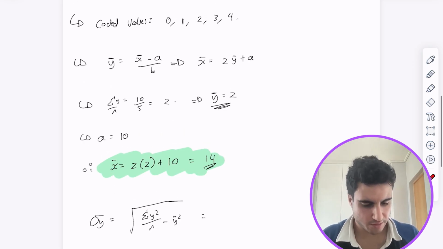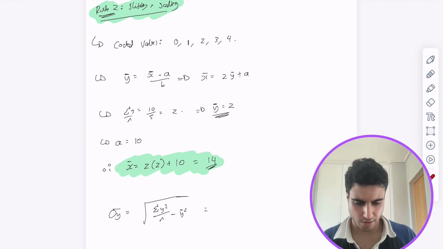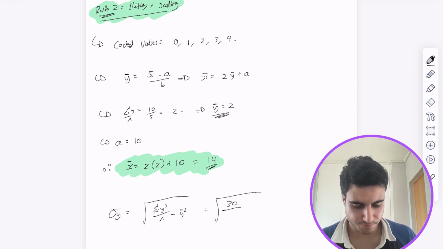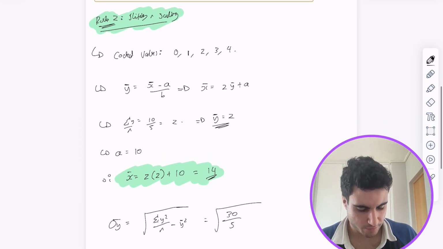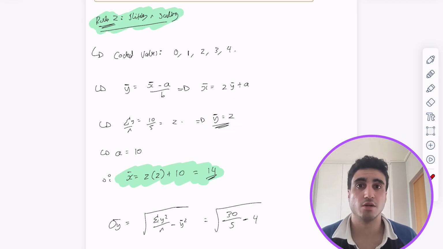So if we do that, 4 squared plus 3 squared plus 2 squared plus 1 squared, that's 30. It's 30 over 5 here, minus 4, because remember our coded mean here was 2.